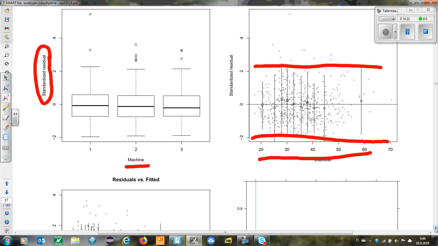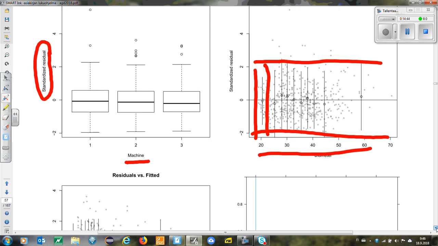When we use this viscous plot, where each line shows the variance within a window, for example this line here shows the variance within this window and so on, we see that the lines are approximately of the same length, so it seems that the variance is quite constant.